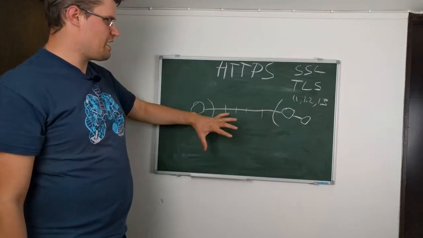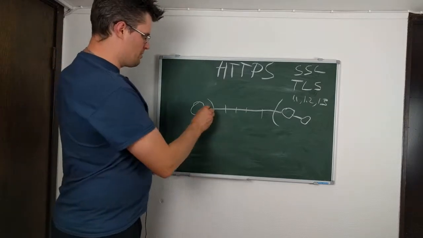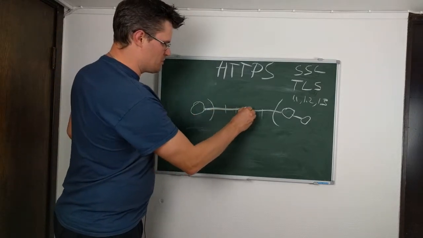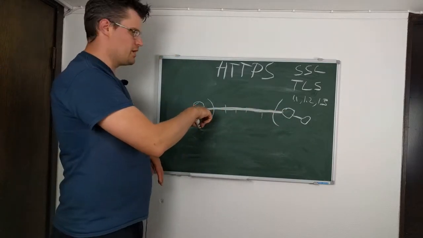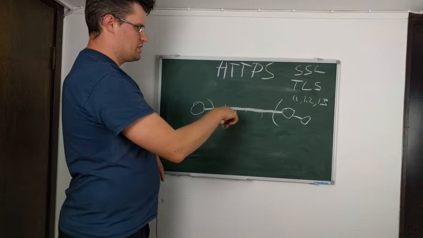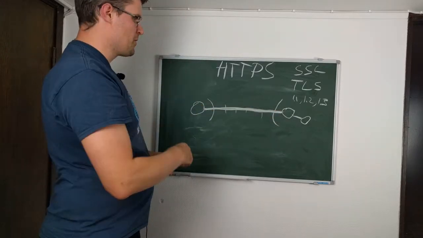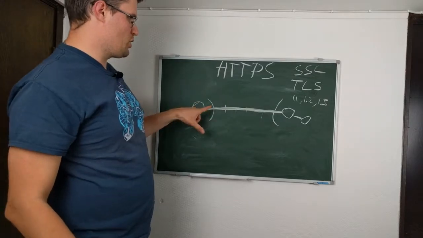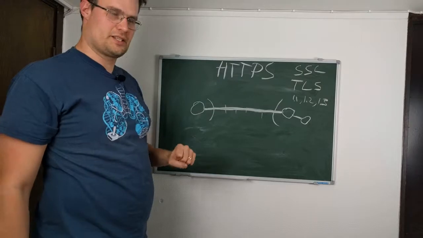So you want to have some sort of security over here, and this is done by creating some sort of a tunnel. So we encrypt our connection on this endpoint, and they are encrypting the things that go in the other direction, and everything that goes over here is encrypted in both ways. And that's the TLS.